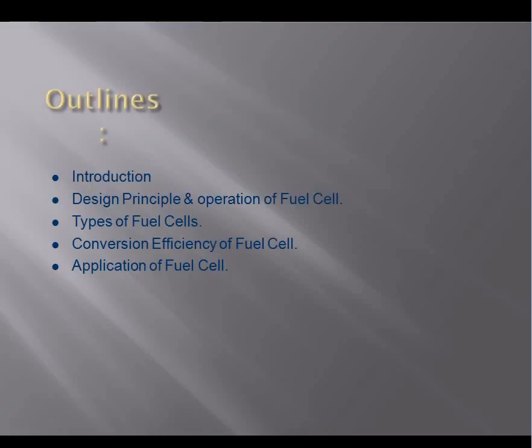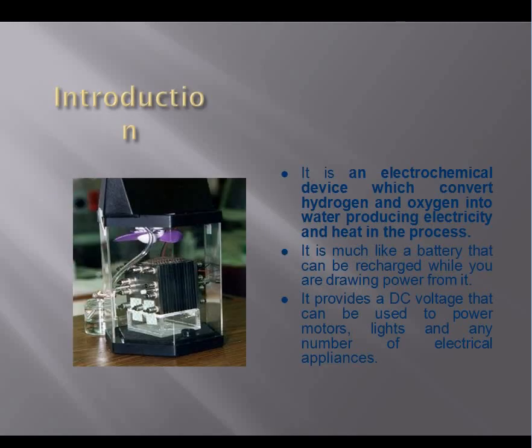Okay, so here we will see the introduction of fuel cells, design and principle of operation of fuel cells, different types of fuel cells, the conversion efficiency of the fuel cells and applications. So moving on towards the introduction, a fuel cell is nothing but an electrochemical conversion.